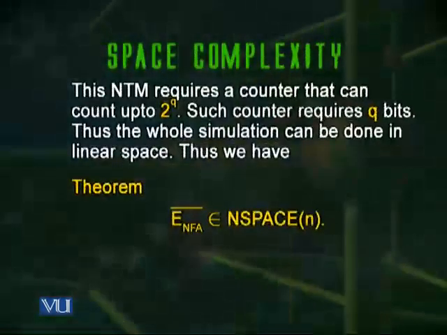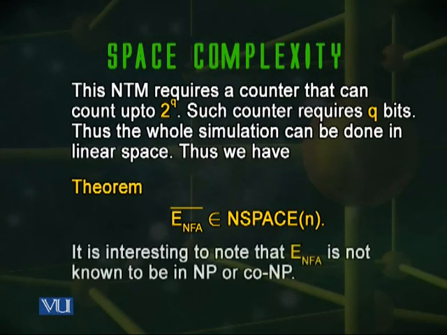Let's see what was the theorem that we proved. We showed that the complement of the emptiness problem for NFA is in non-deterministic space N, or it is in non-deterministic linear space. Now, it is very interesting to note that this problem, the emptiness problem for NFA, is neither known to be in NP nor is it known to be in co-NP.